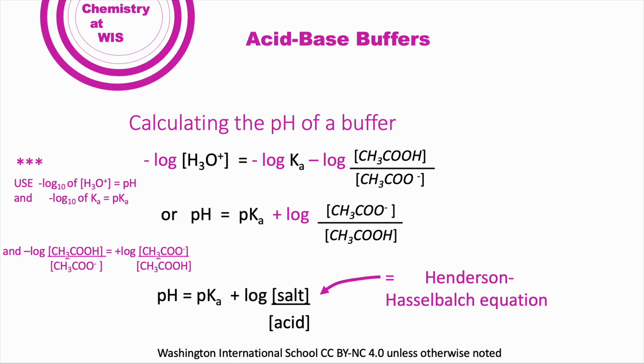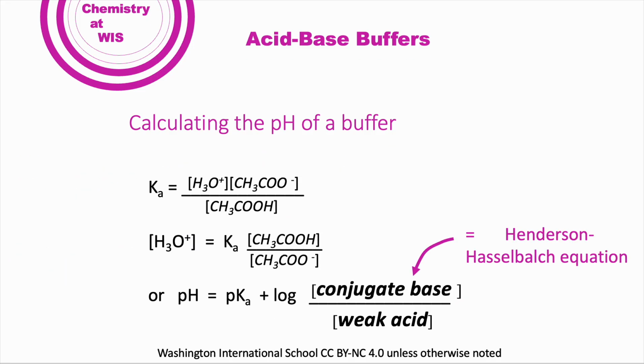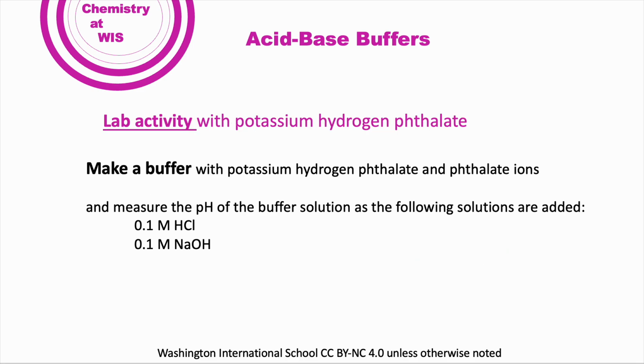And if you flip the acetic acid concentration and the ethanoate concentration, if you flip it, you have to change the sign with the log. And at the bottom there, that is your Henderson-Hasselbalch equation. And we can call it the bottom conjugate base over the weak acid. So salt over the weak acid concentration.